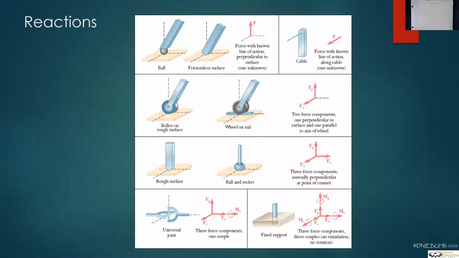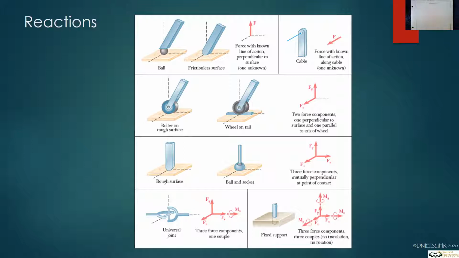So one of the things about 3D is that the types of reactions that you'll encounter are a little different. I mean, they're the same types, except in 3D you have to account for them. So for example, if you have a ball or a piece of material, a rod or a footstool or whatever on the surface and it's frictionless, then you still only have a simple reaction.